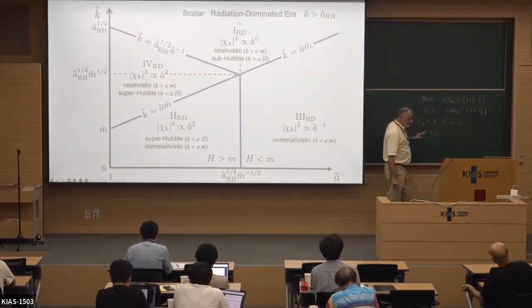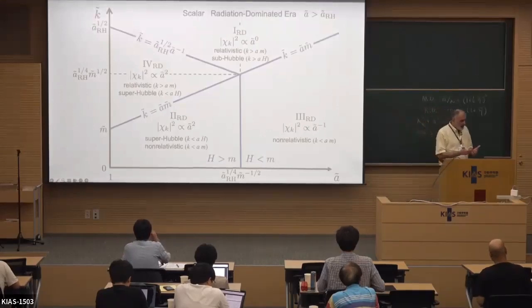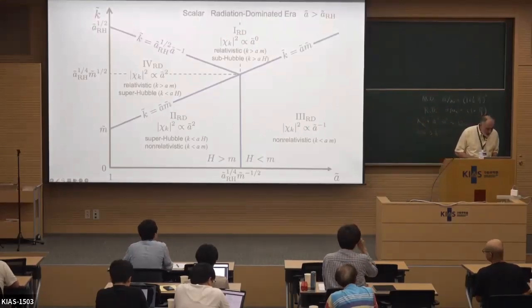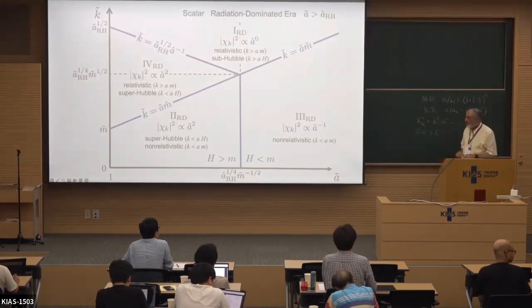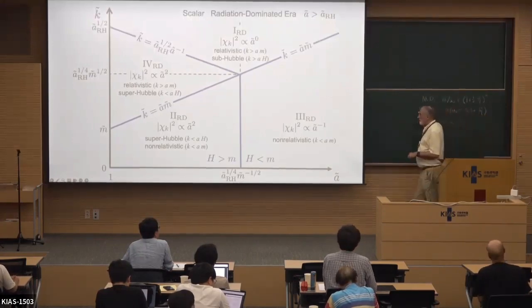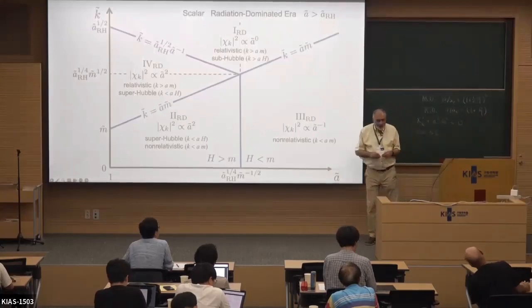So the behavior, the scaling of chi_k squared with a will be different. So it's different if the universe is radiation dominated and matter dominated.